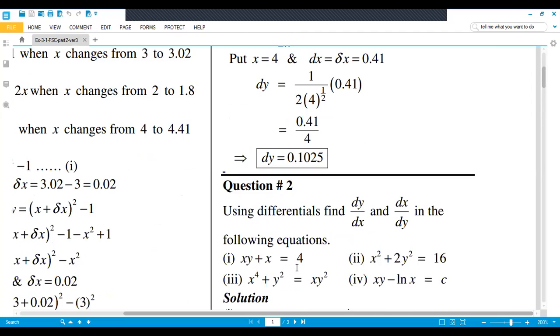Question number 2 is: using differential, find dy by dx and dx by dy in the following equations. So you have to use the differential and you have to solve these four parts.